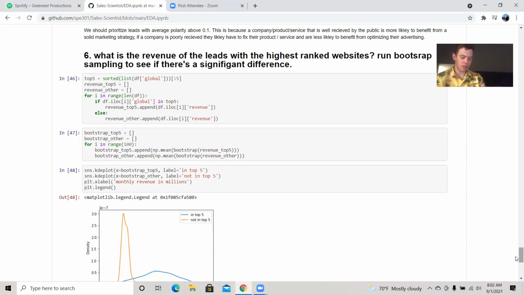So we're seeing if the companies with the top 5 most popular sites in the data set, compared to the rest of the companies, have a statistically significant difference in revenue. That's what we're looking at.